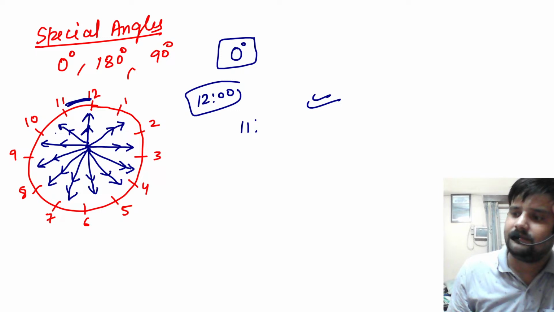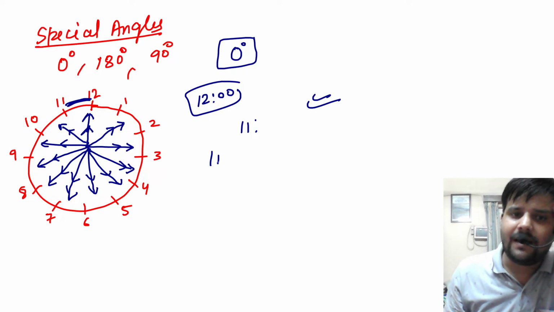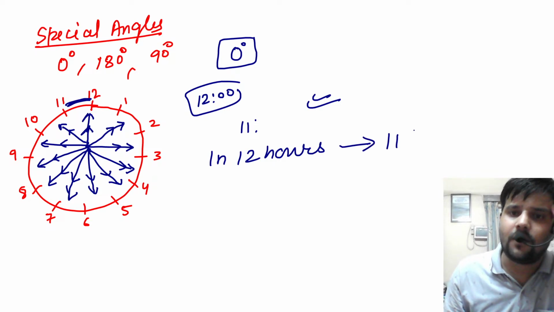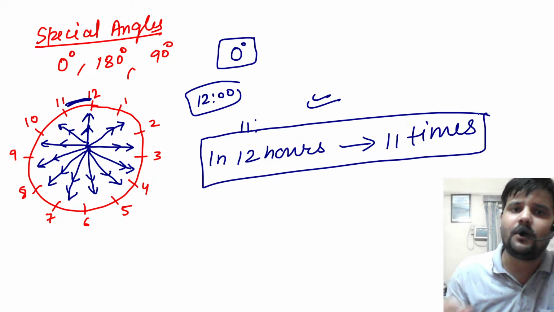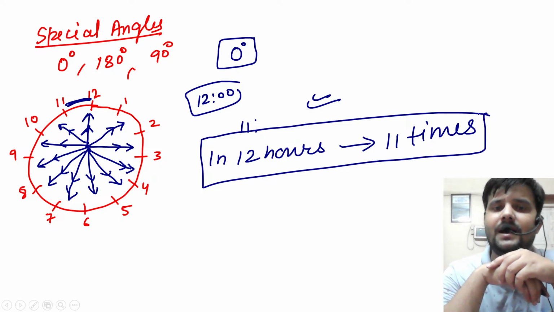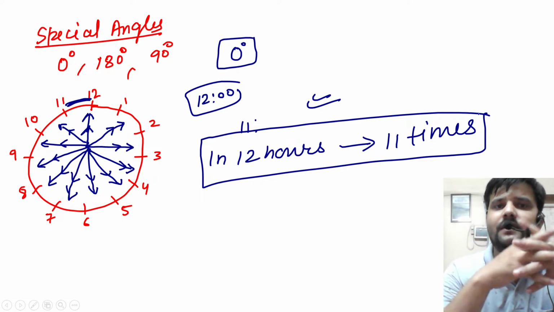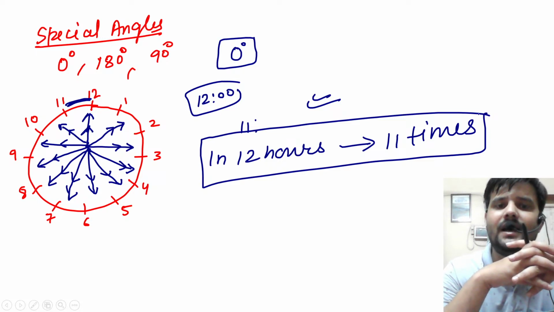So in 12 hours, 0 degree is formed 11 times. Getting the point? This is the important point. So in 12 hours, 0 degree is formed 11 times. It means the needles of the clock coincide 11 times in 12 hours.